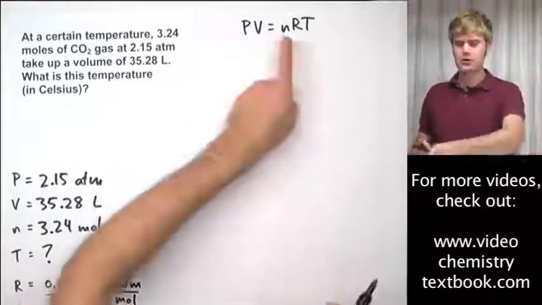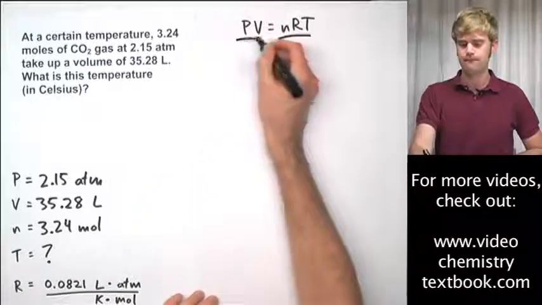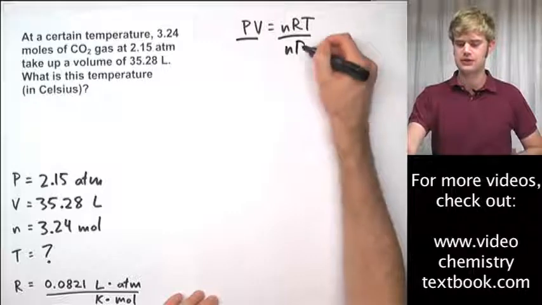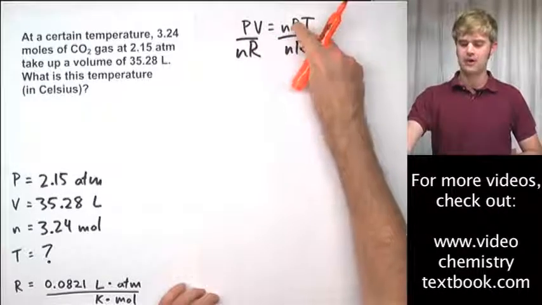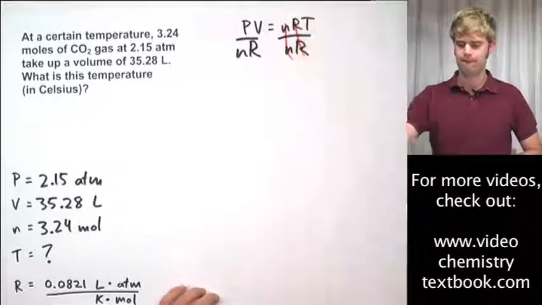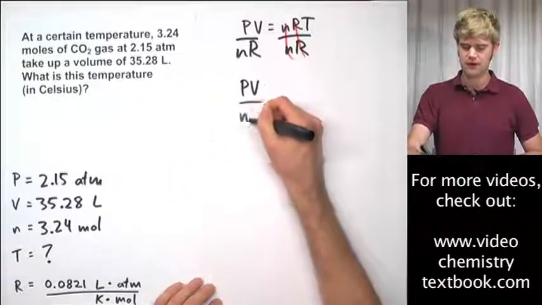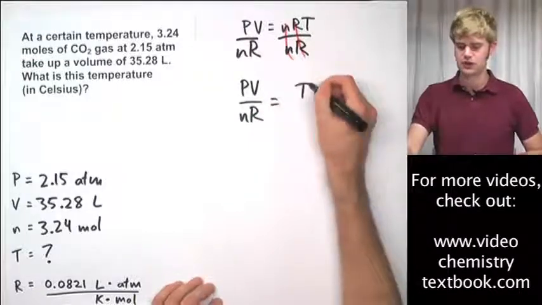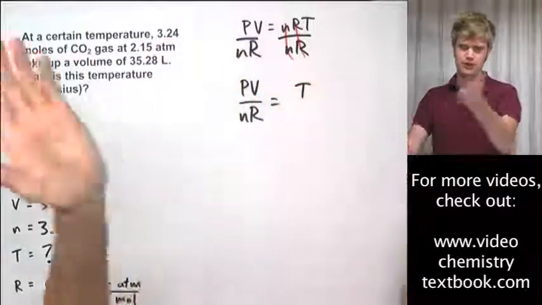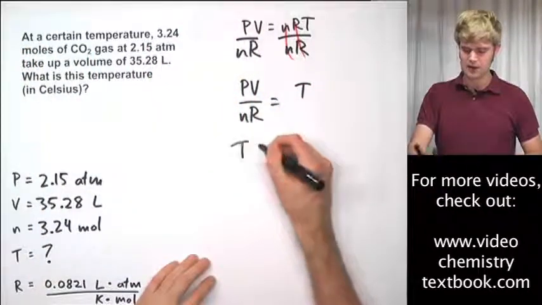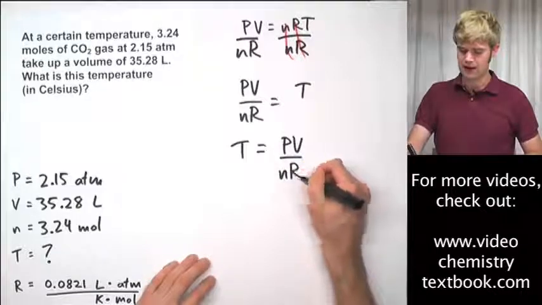In this case, we're going to be solving for T. So to get T by itself, we'll divide both sides by N times R. The NR up here and the NR down here are both going to cancel out, so we're going to be left with PV divided by nR equals T. I know that some people don't like it when the variable we're solving for is on the right side, so we can rearrange this to T equals PV divided by NR.